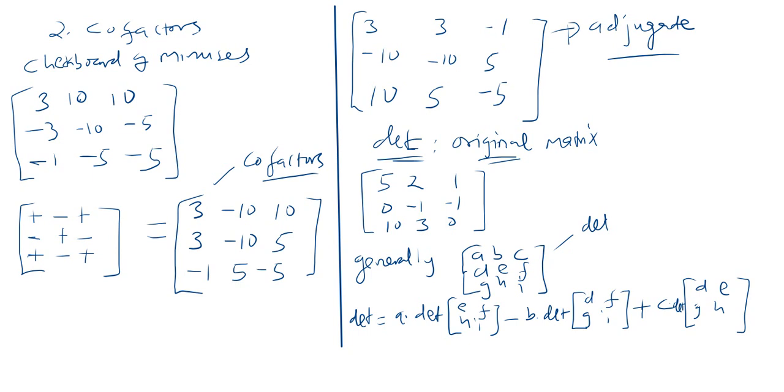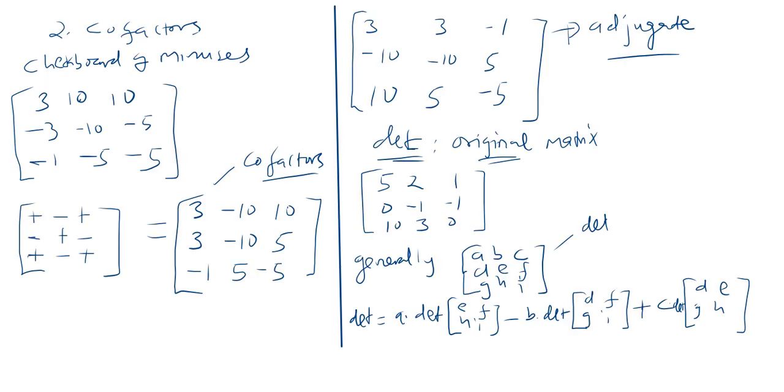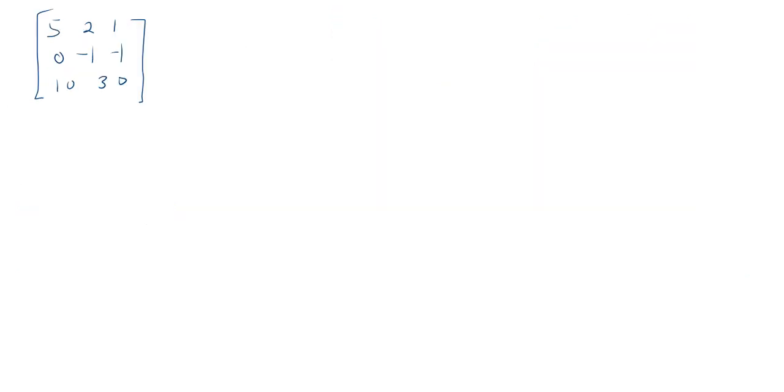So let's proceed. Let me repeat our matrix, which is 5, 2, 1, 0, -1, -1, 10, 3, 0. We apply the formula that we got in the previous step. We take the first row, which is 5.